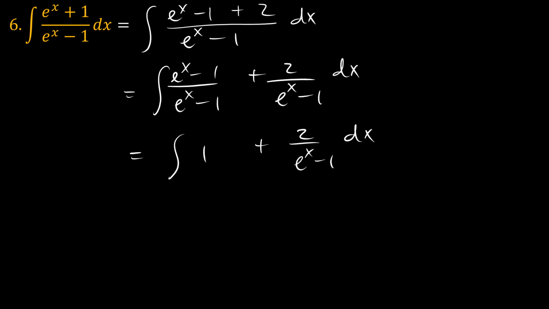The important part here is we have x plus the integral of 2 over e to the x minus 1.